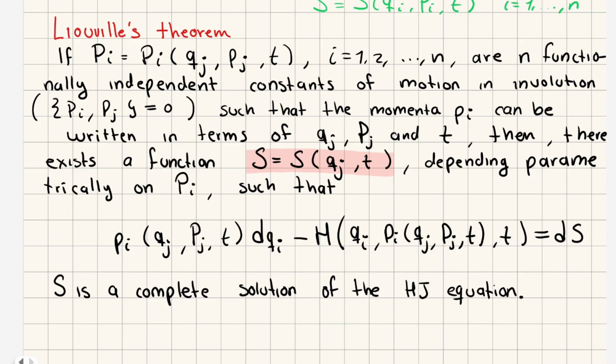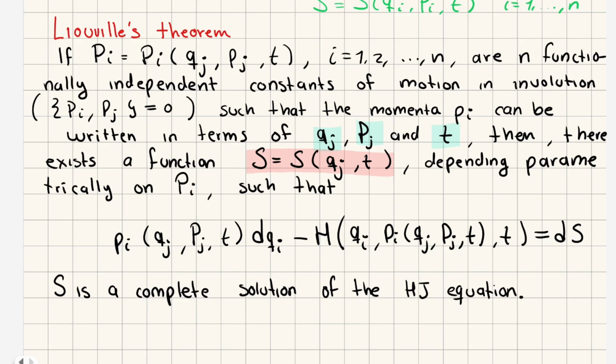That is what it means to be in involution. The thing here is that they are constants of motion that are functionally independent. Another requirement that we need is that the momenta p_i should be able to be written in terms of these three variables, q_j, P_j, and the time.